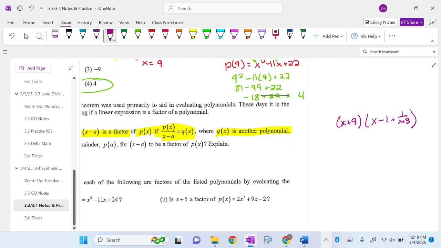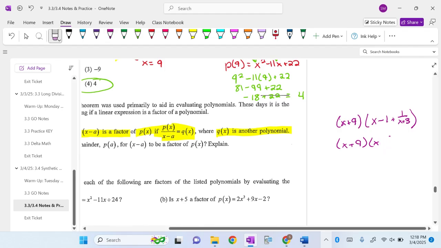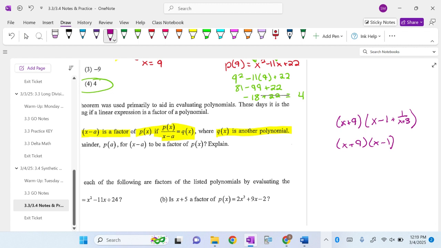No. You would typically see x plus 9 times x plus 1 or x minus 1. If you were to factor something, that'd typically be what your answer looked like. So let me ask you this. What do you think the remainder would be for a factor of a polynomial if you divide it? If that remainder fraction does not exist, what do you think the remainder is if it's a factor? Not 1. Because look, my example still has that 1.